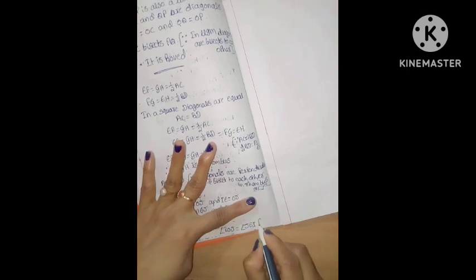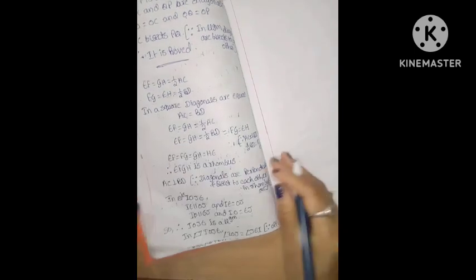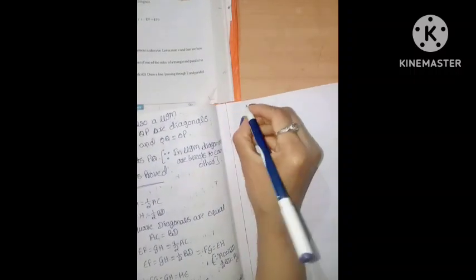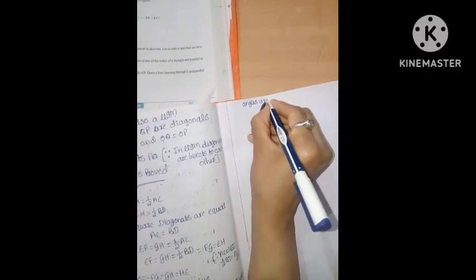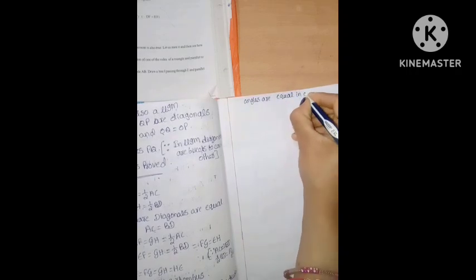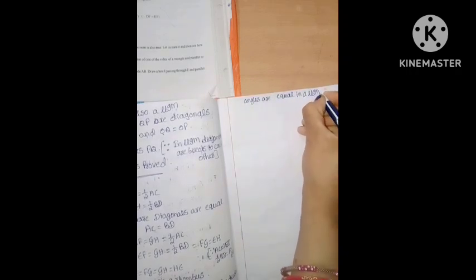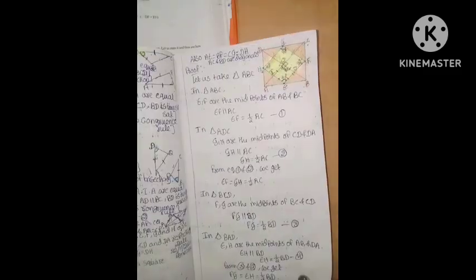Why is it equal? These two are the opposite angles. Opposite angles are equal in a parallelogram. In parallelogram IOJE, opposite angles are equal. Okay.